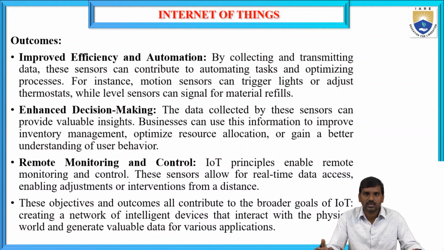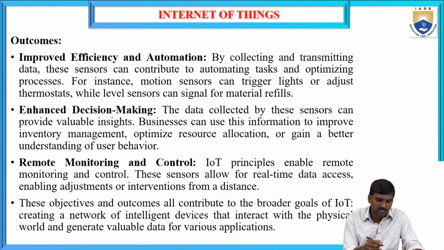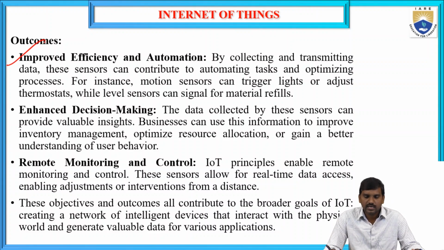The process goes on automatically inside the device, and based on that, the efficiency is also improved. By collecting and transmitting data, these sensors can contribute to automating tasks and optimizing processes. For instance, motion sensors can trigger lights or adjust a thermostat, while level sensors can signal for material refill. The refill is nothing but information that the material is going to end.